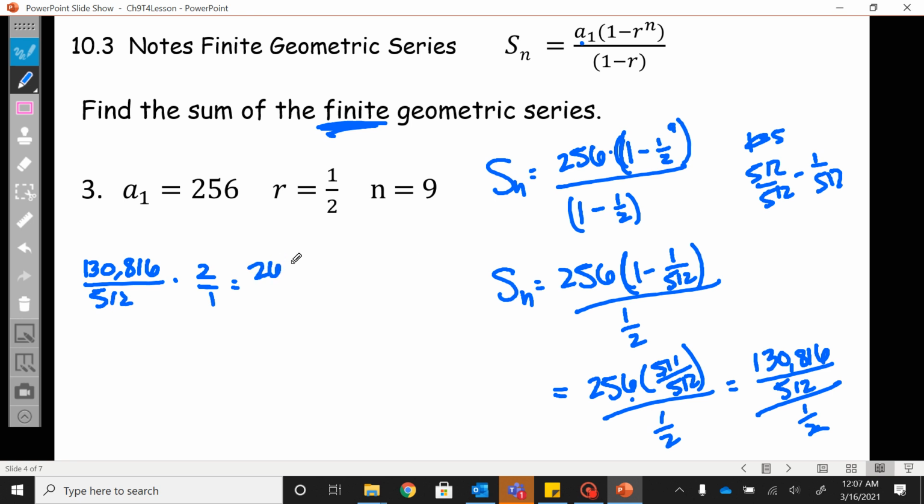So that's 261,632 over 512, which is 512 and 11.